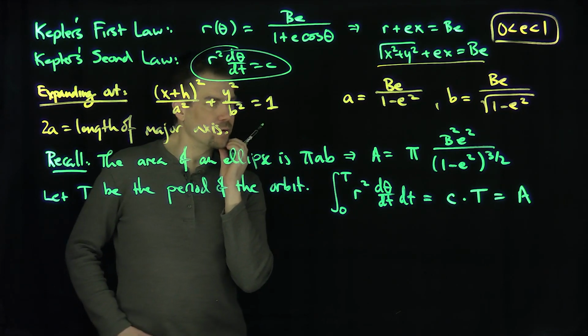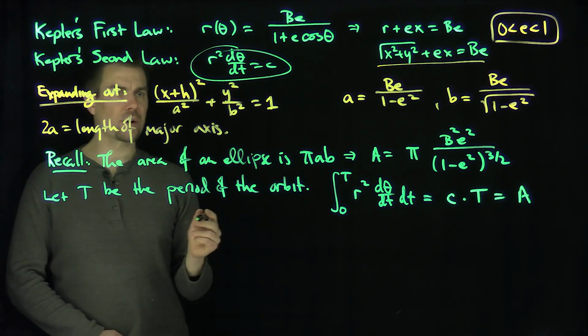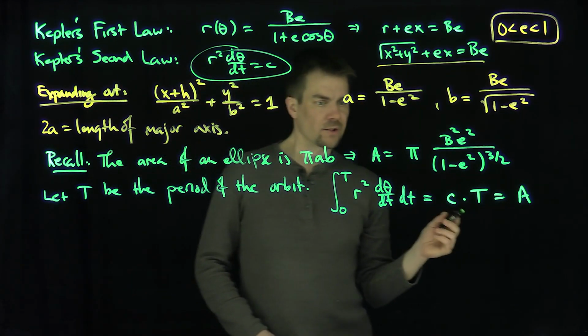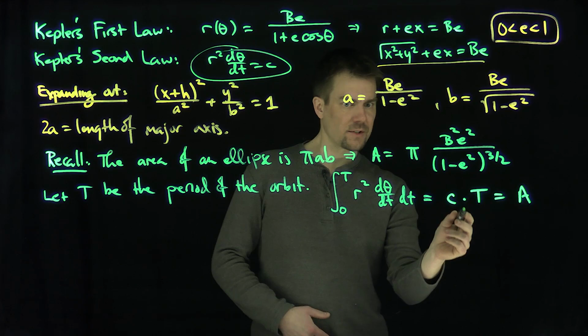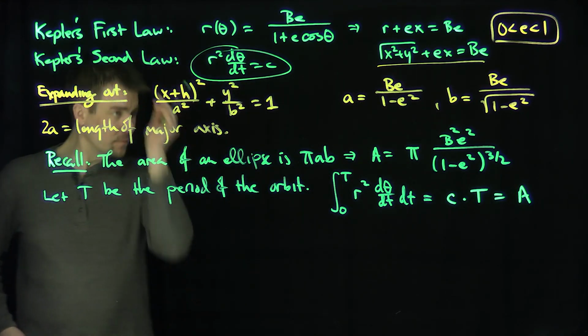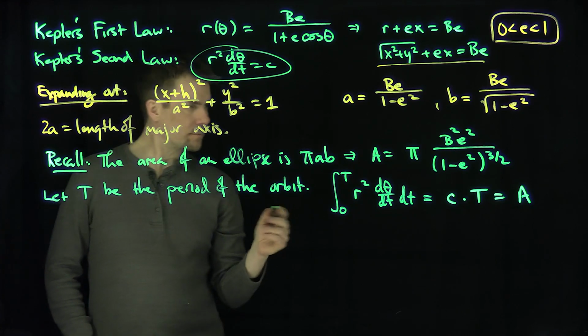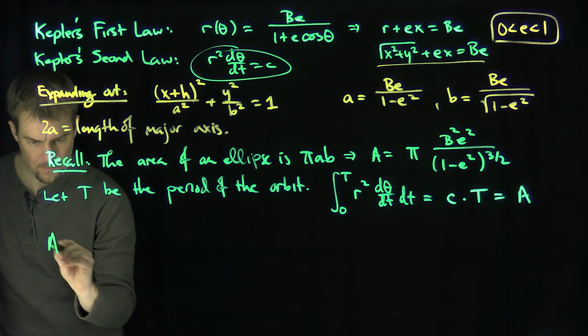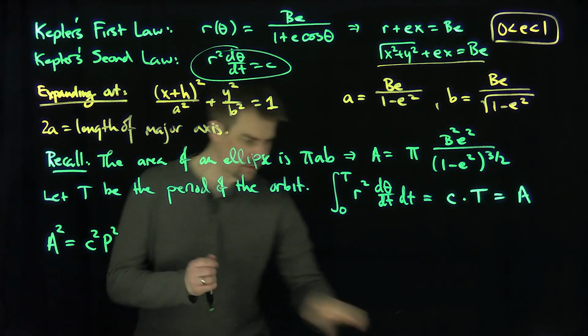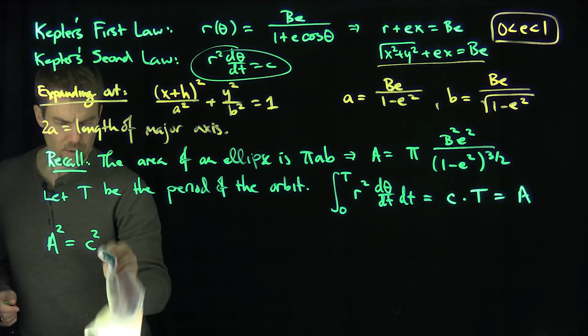So now what can we do? Let's look at the length of the major axis. The length of the major axis is this over here. If I looked at a squared, I would get what? The area squared is c squared T squared, where I'm calling T the period.